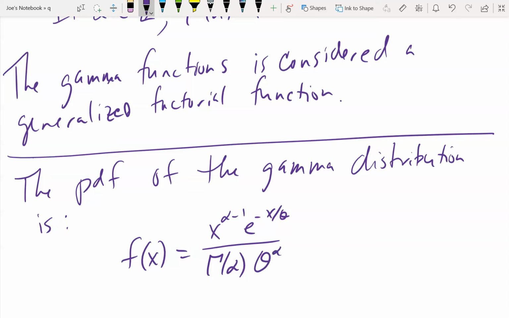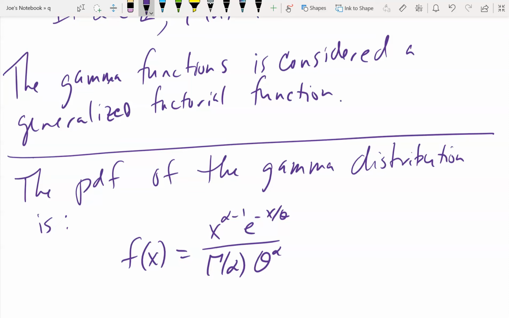Again, we think of this theta as the waiting time parameter, right? Remember for exponential, the theta was your mean waiting time. We thought of theta as being the mean waiting time for one occurrence in the Poisson process, so it was 1 over lambda.